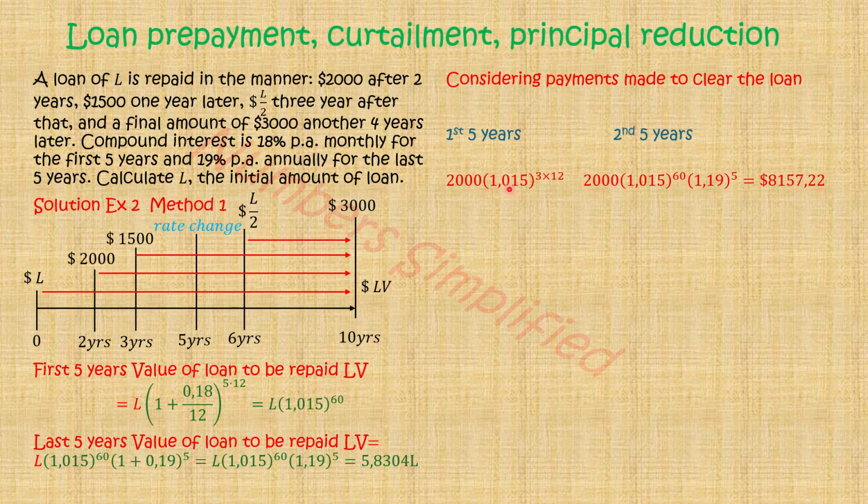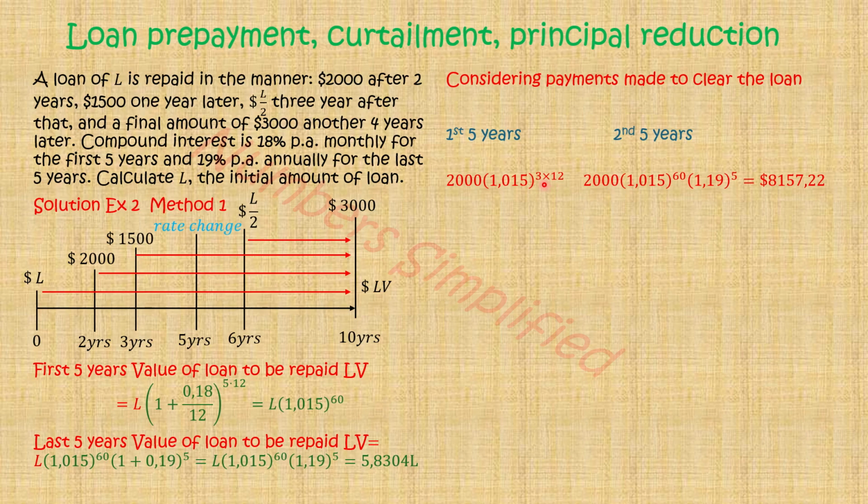And now we see that this payment was made 2 years after, implying that in the first 5 years, what we would have at that rate is only 3 years. And in 3 years, the total number of periods we would have is 3 times 12. Each year would have 12 periods.